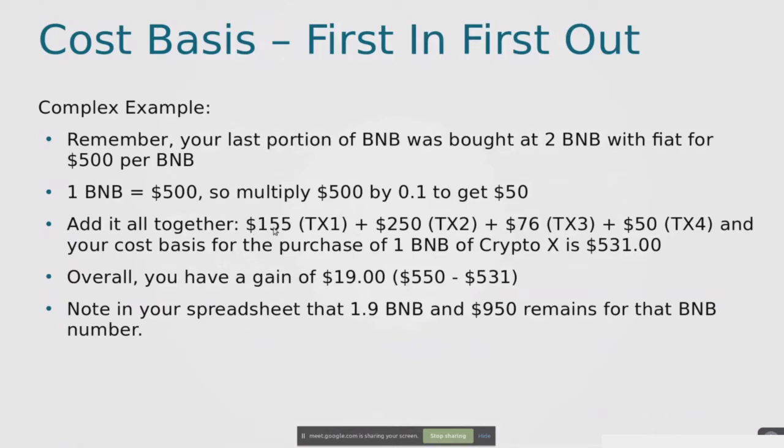And you add it all together, and the cost basis for that one BNB that you bought CryptoX with is 531. And overall, you have a gain of $19, right? And you would note this in your spreadsheet.